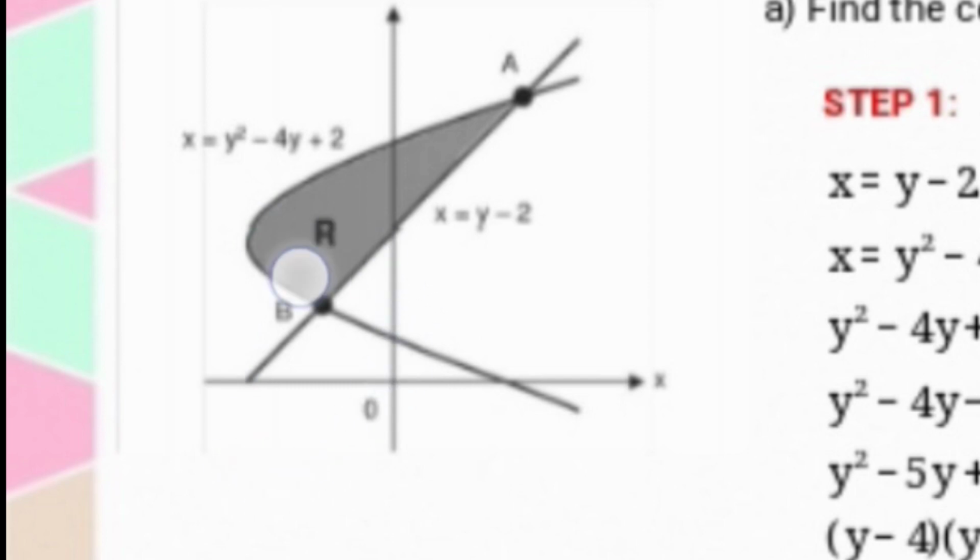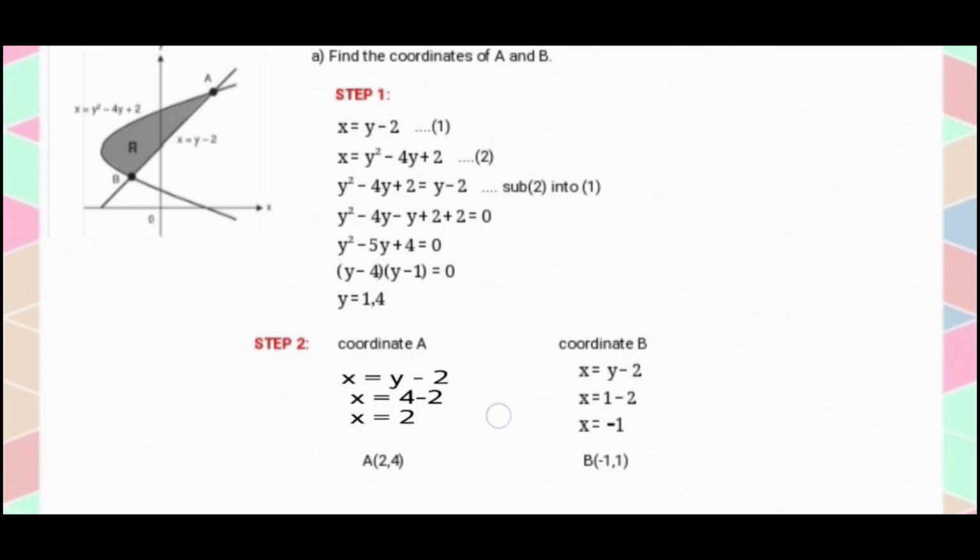Here, this is the region of negative value of x. So of course, this is coordinate B, and this is coordinate A. So coordinate A is (2, 4), and coordinate B is (-1, 1).